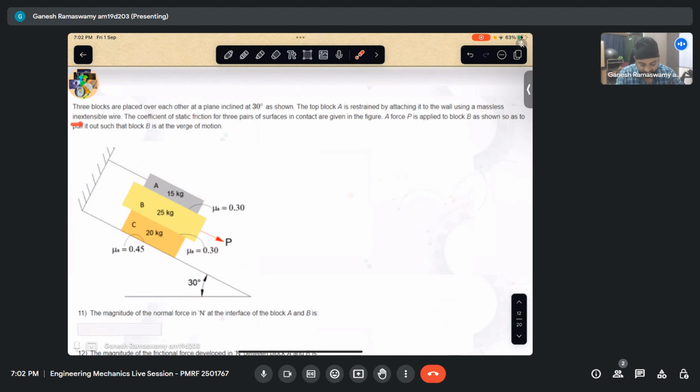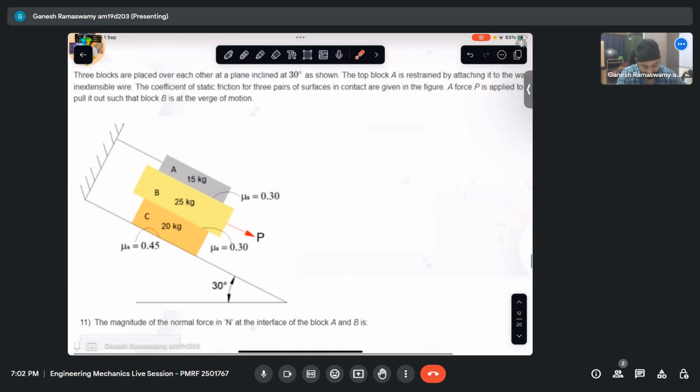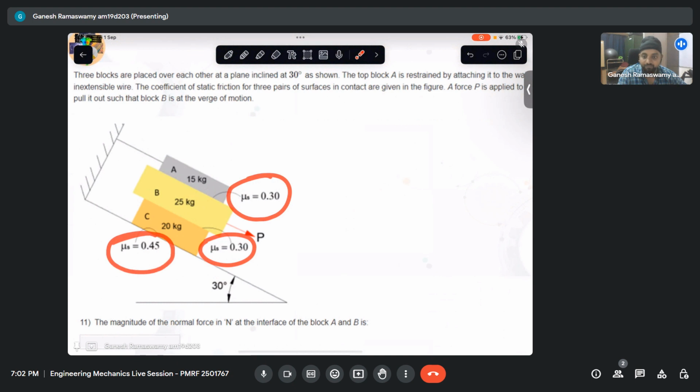Now, because A, B, C could be made of different materials, and the floor again is a different material, in each interface we have a change of mu. These happen to be the same, but essentially these two are different from this mu. That is what we need to keep in mind.